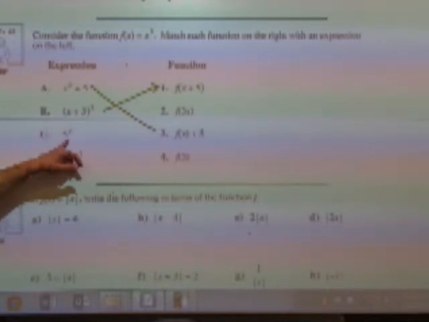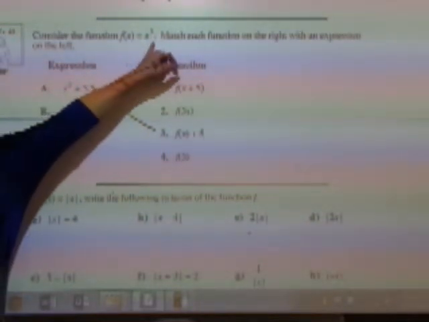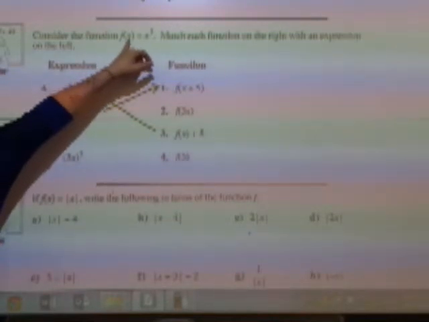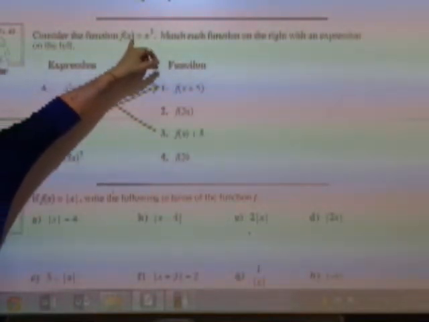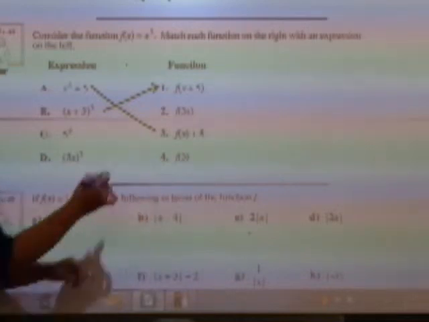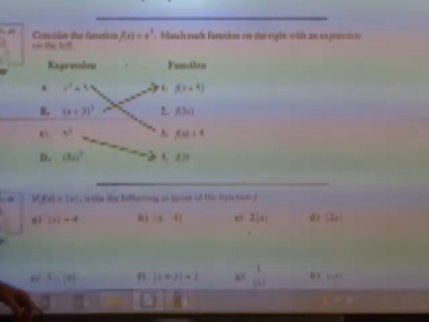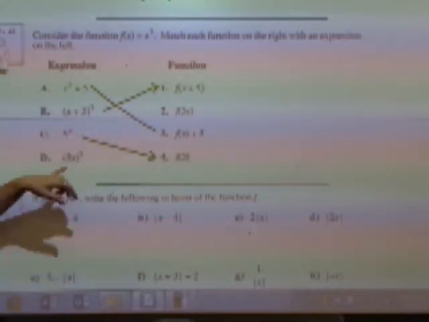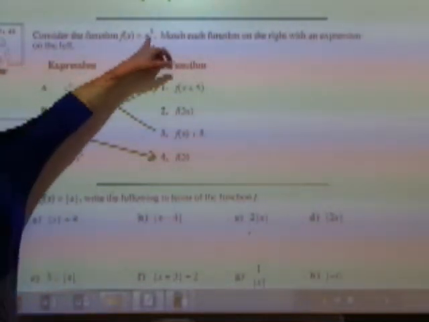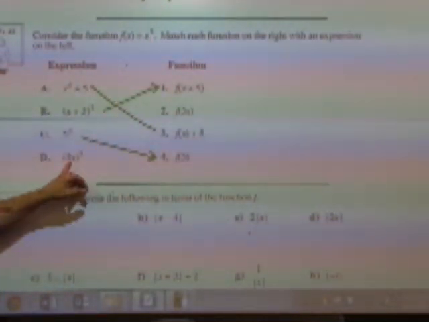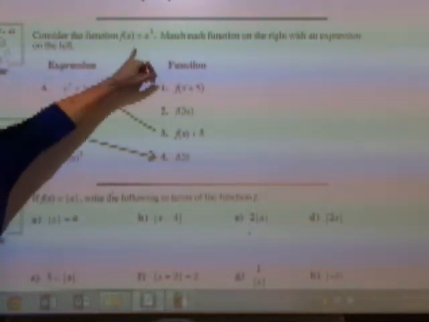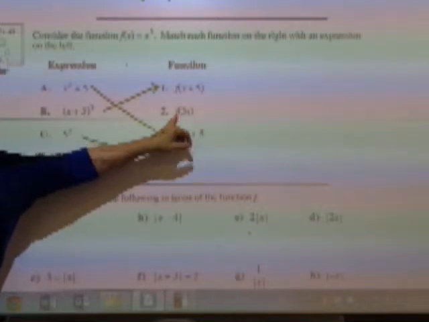How did I get 5 cubed from this equation? I change the x to a 5. This would give me f of 5. And then d is the last one left. It has to match to 2, but I double check. How do I go from this expression to this expression? Replace x with a 5x.